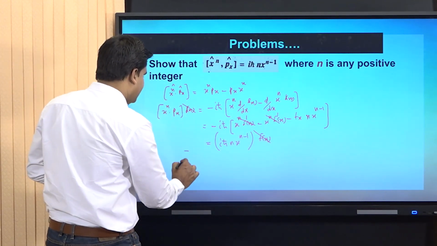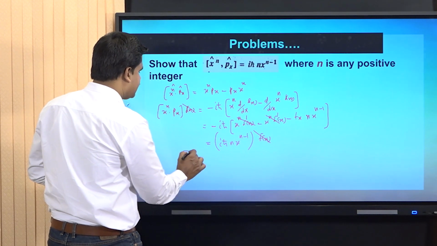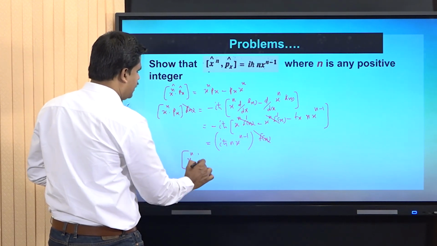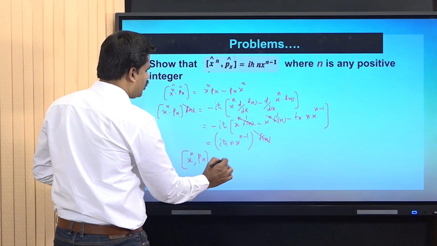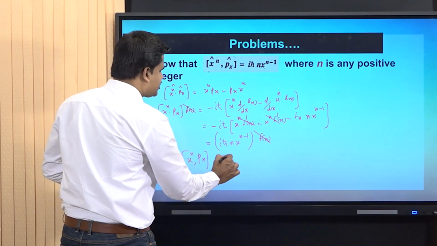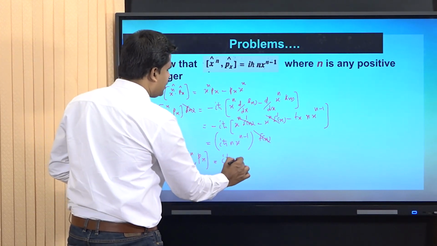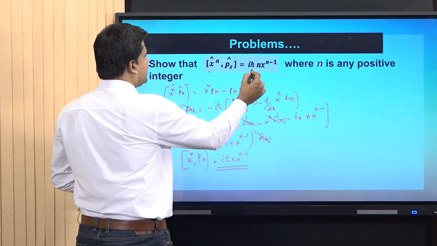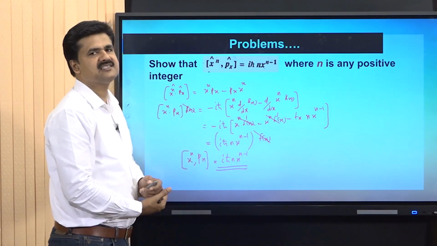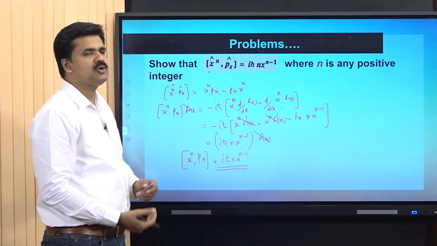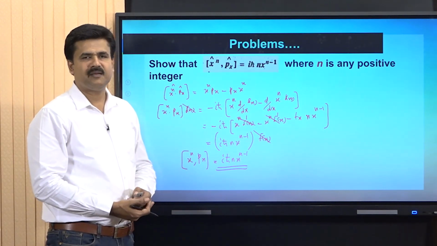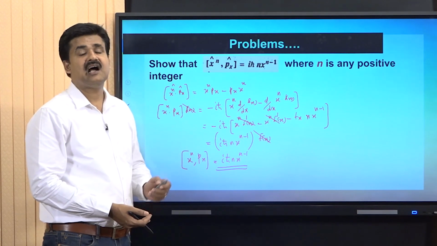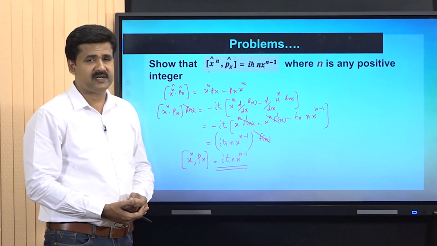So I got the final result of the commutator [x raised to n, px] equal to i h cross n into x raised to n minus 1. This is the result. That is all about the discussion about commutator and commuting property of operators.